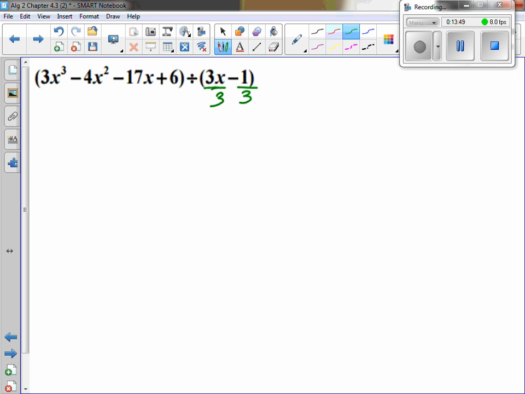So that means I'm dividing by x minus 1/3. Yes? I can't just divide that one side by 3. I have to divide every single thing by 3. I have to divide it all by 3.